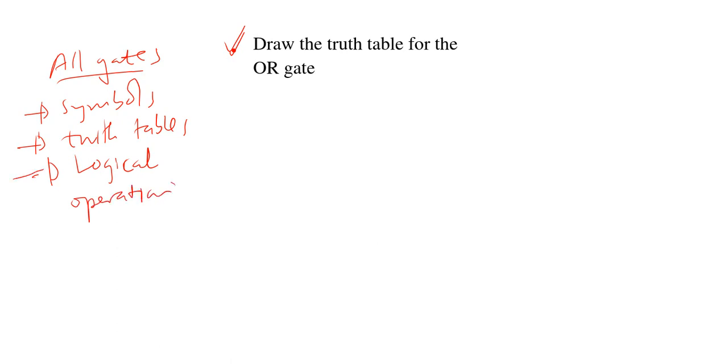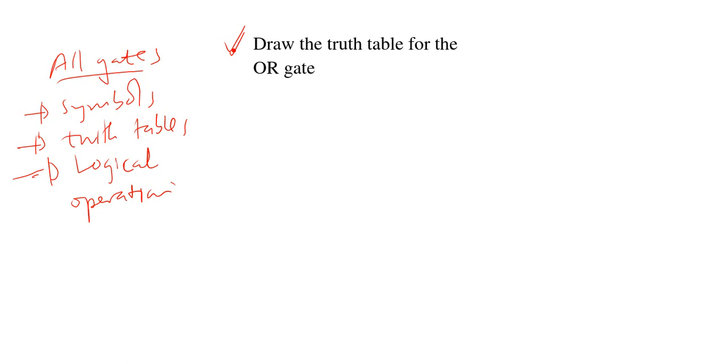Those are the three major things that you have to know concerning the gates: the symbol, the truth table, and the logical operation. For example, if you know the logical operation, then you cannot miss the truth table. So logical operation and the truth table, they go hand in hand.